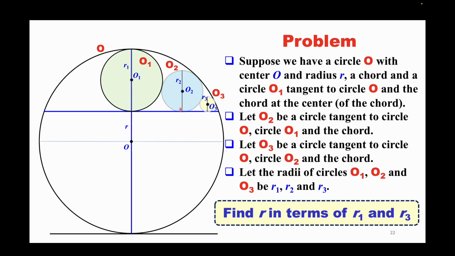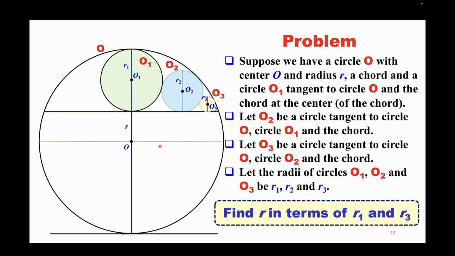And O2 is a third circle. This circle is tangent to O1 and the big circle O and the chord. And finally, we have circle O3 with center O3 and radius R3. O3 is tangent to O2, O, and the chord.